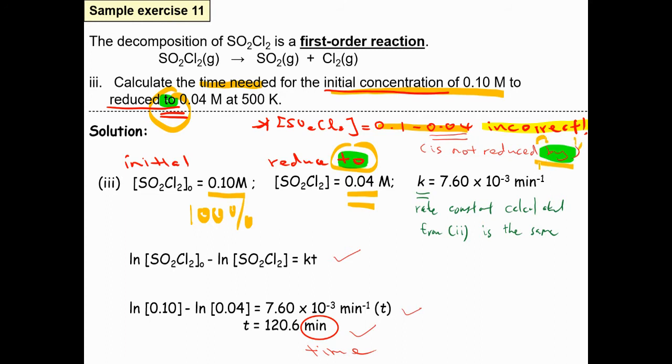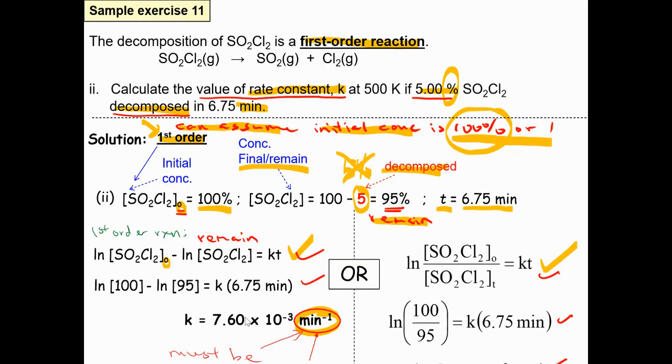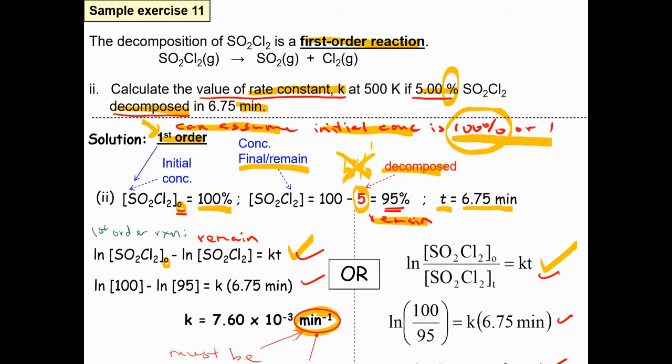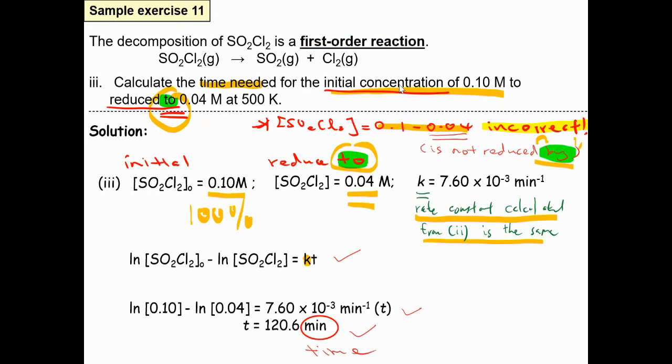Then after that, you need the rate constant, right? The rate constant we calculated just now is the same unless the temperature changes. If the temperature is the same, then the rate constant is the same. Then you just substitute, and remember time must have a unit.